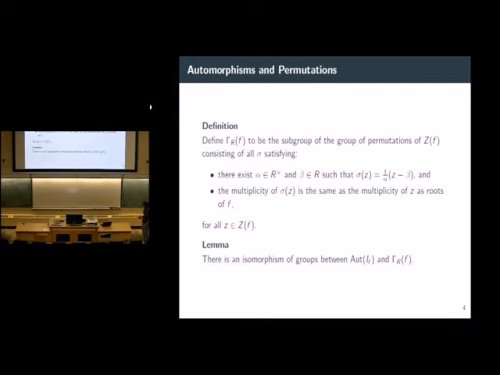The proof of this result is not hard either. I can give an idea of the proof here. If you start with a sigma in Gamma, then sigma(z) is of the form alpha z plus beta for some alpha and beta.